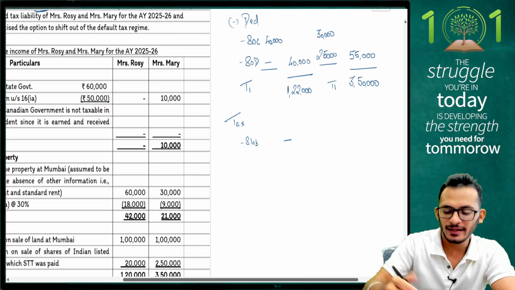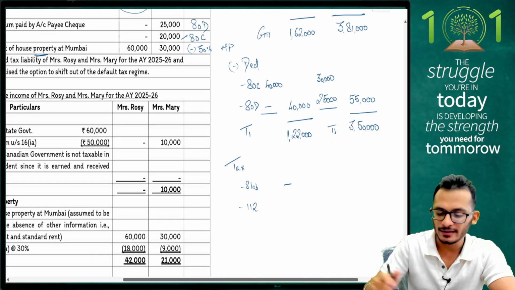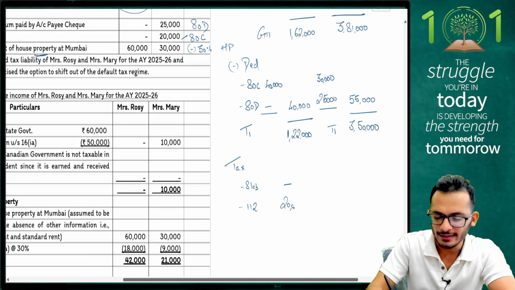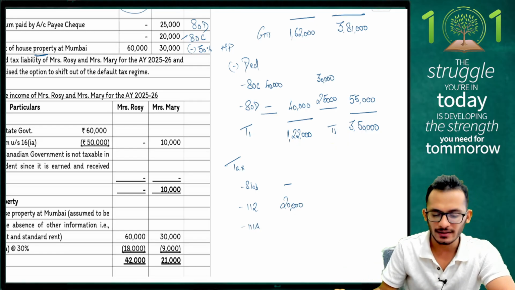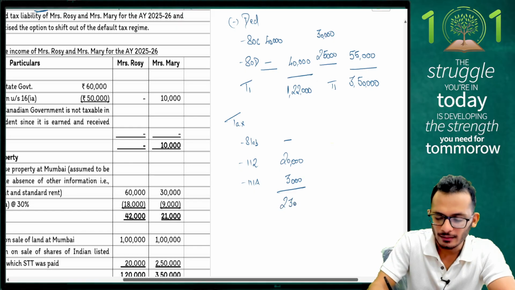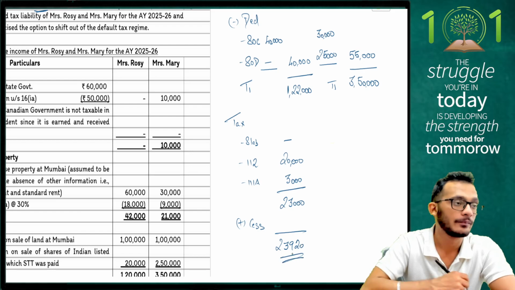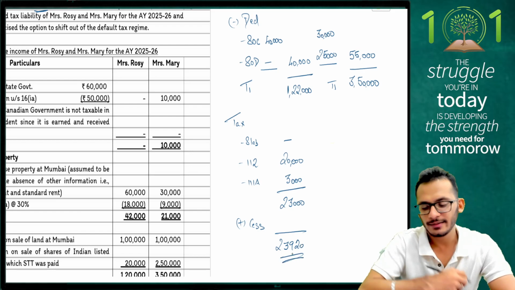No. I will tax my incomes as they are. So 112 will get taxed at the rate of 20%, the number is 20,000. 111A will get taxed at 15%, the number is 3,000. Therefore my total tax is 23,000 plus cess, because the person is a non-resident. 23,920 is my final answer.